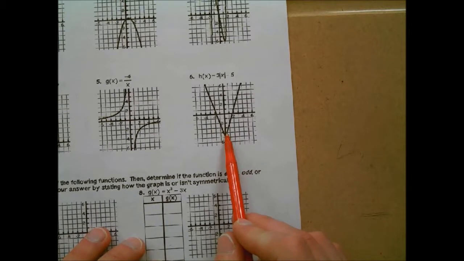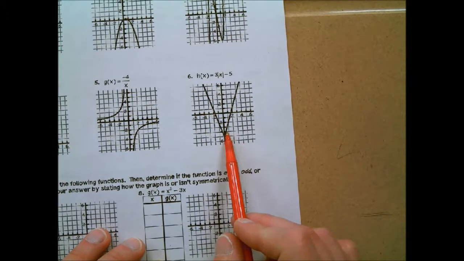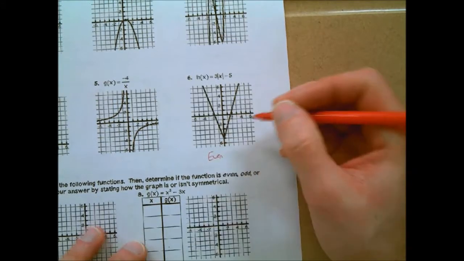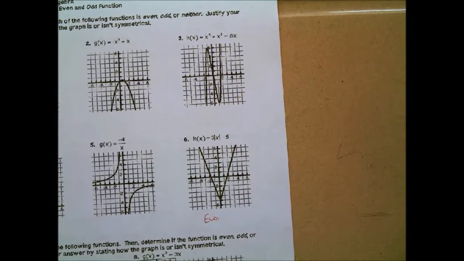Is number 6 even, odd, or neither? Even. It does match up if you fold it over the y-axis there. So that one would be even, okay? So again, you're looking for matching up. Number 3, last one I'll look at here, and then we'll move on. 3, is it even, odd, or neither there?